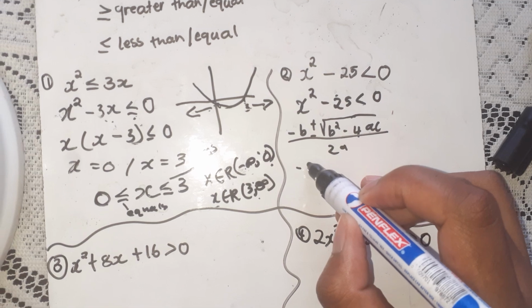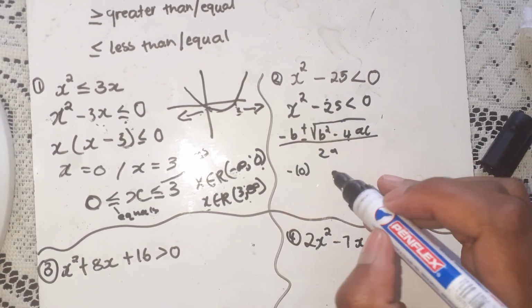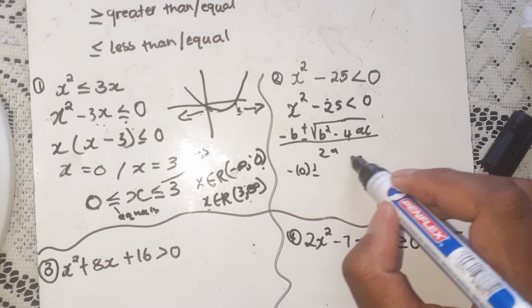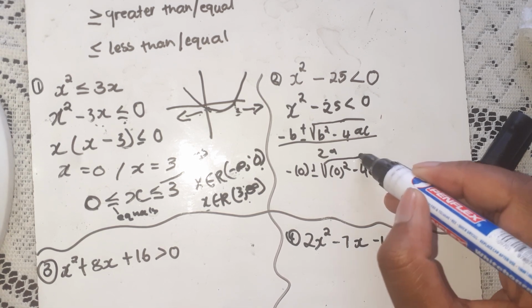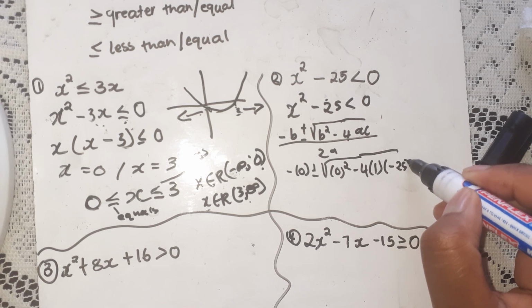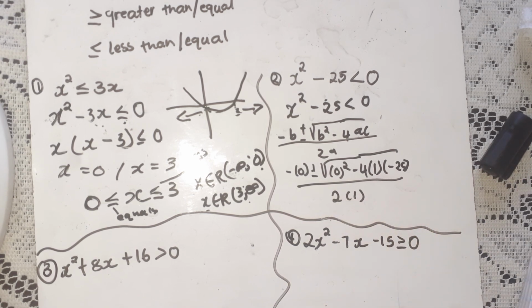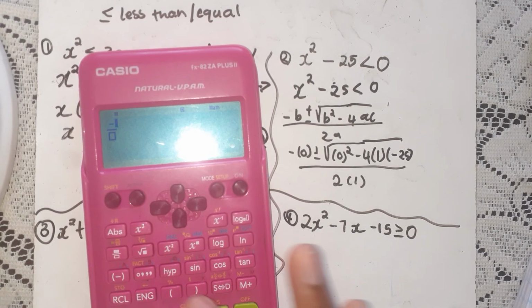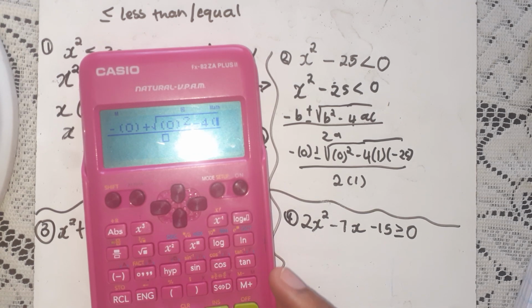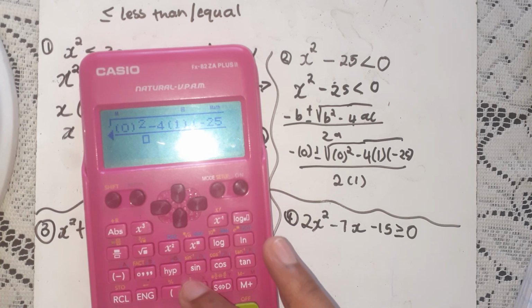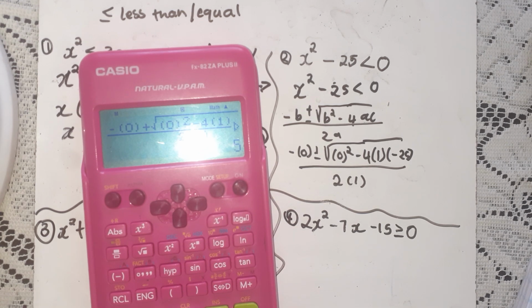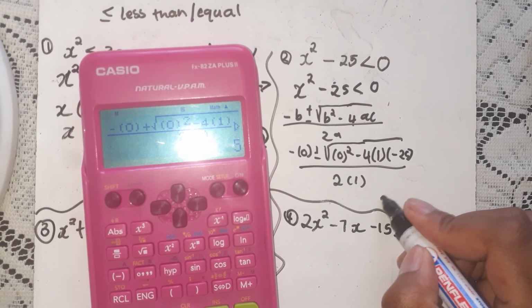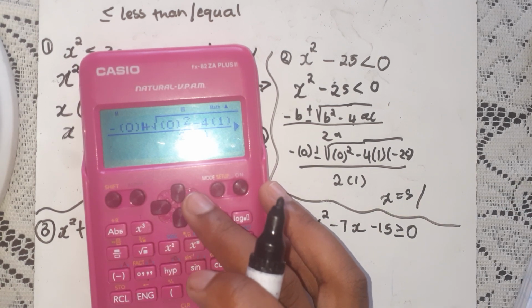Then negative b is 0, there's no x term, plus or minus the square root of 0 squared minus 4 times 1 times negative 25, all over 2 times 1, so 5, meaning x equals 5, or let's put a minus here.